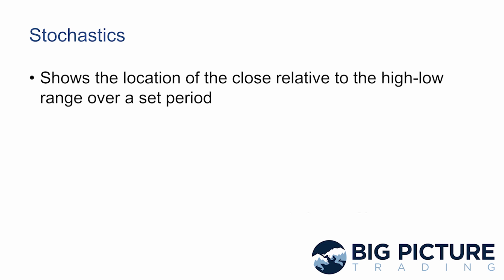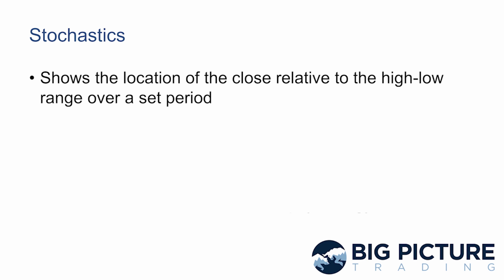Let's say over this period, a stock has traded as low as $10 and as high as $14. If the closing price is 13, and the lowest and highest of trade are 10 and 14, the stochastic is gauging where the price is within that range.